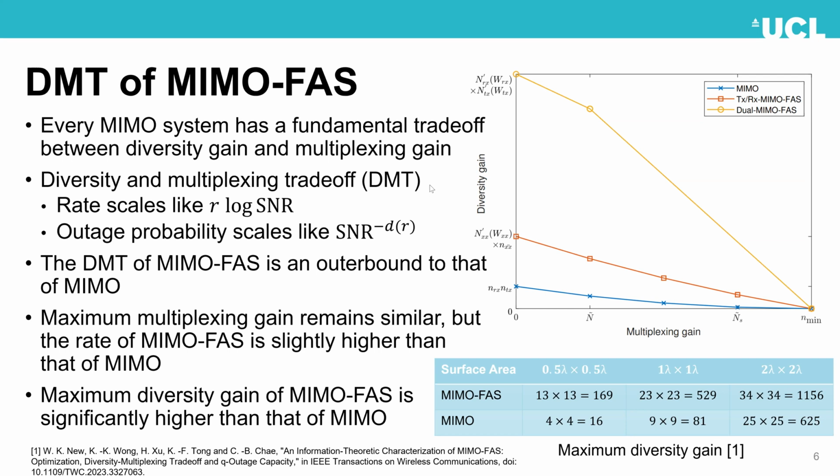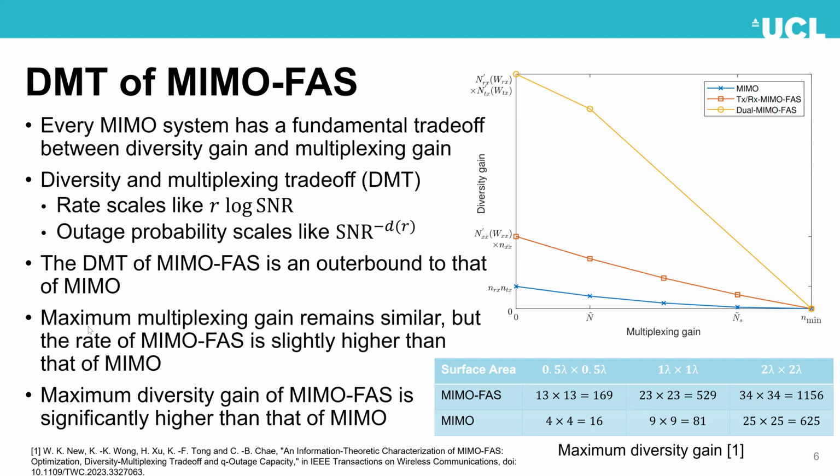Okay, so let us look at the DMT of MIMO and MIMO-FAS. This figure here shows the DMT of dual MIMO-FAS, TX-RX MIMO-FAS, and also MIMO. As you can see in this figure, the DMT of MIMO-FAS is an outer bound to that of MIMO, right?